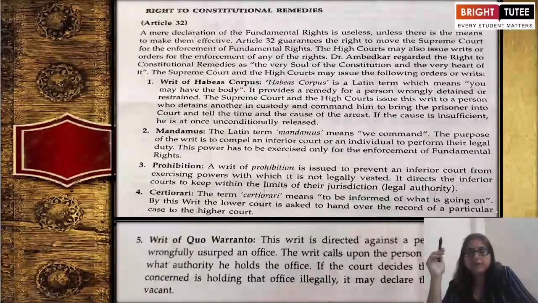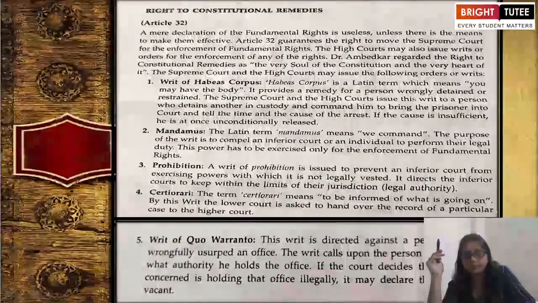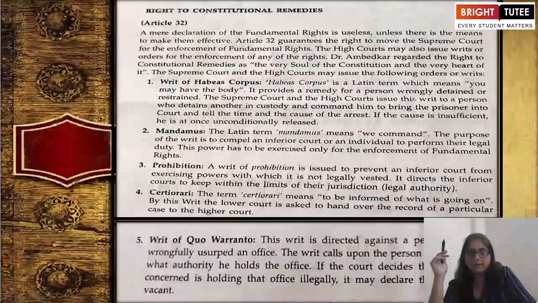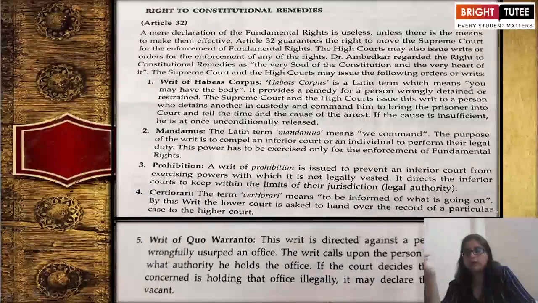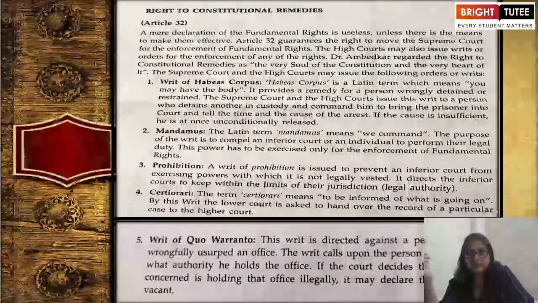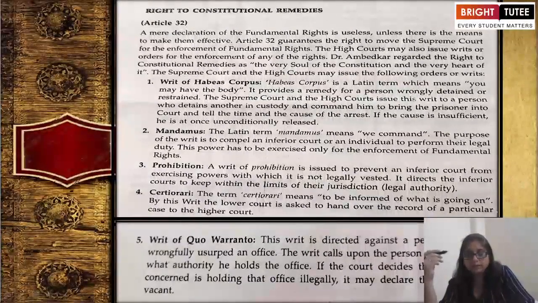The very first is the writ of habeas corpus. It is derived from the Latin words meaning "have the body", and this empowers the court to issue orders for the production of an arrested person before it. If the detention is unlawful, he or any of his representatives can move the court against the detention, and if the court finds merit in the application, it may issue the writ and ask the detainee to be presented before it.